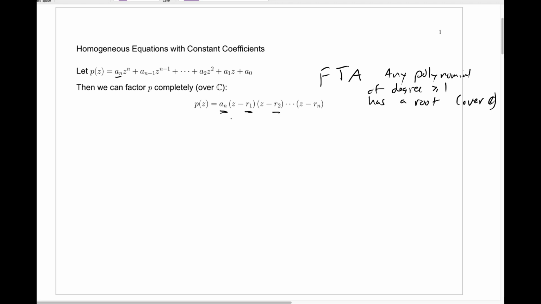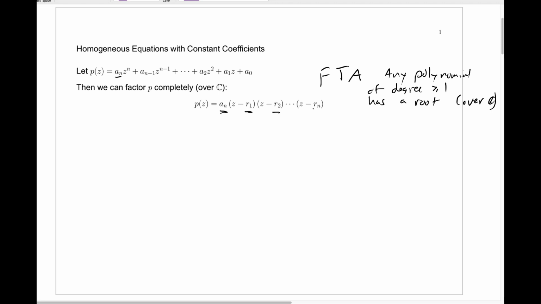In fact, since these are all monic polynomials, z minus r1, z minus r2, etc., there's just 1 times z to the n here, so we know that at the end we'll be left with a constant a_n, the lead coefficient. So any polynomial over the complex numbers factors completely with complex roots.